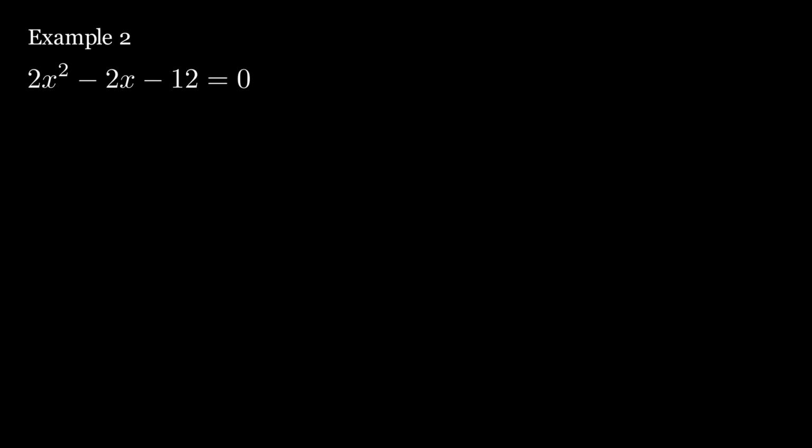Example 2. The setup is done. You can see the 0 is on the right hand side. Then we can directly apply the quadratic formula, which means A is equal to 2, B is equal to minus 2, C is equal to minus 12.